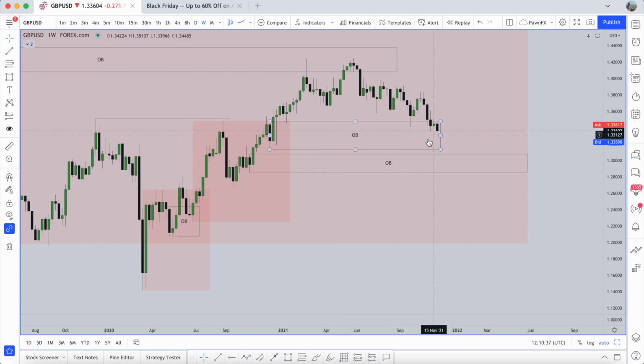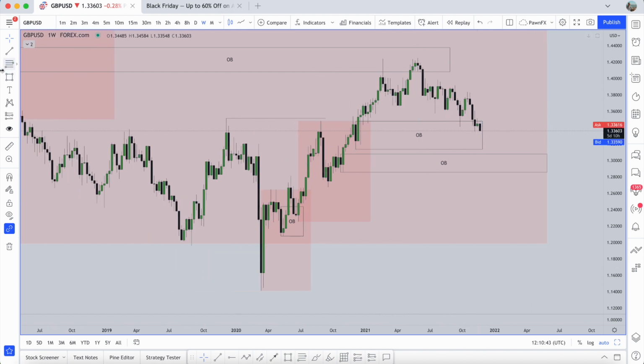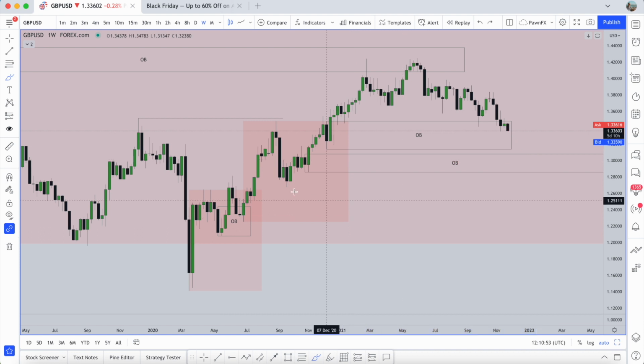So yes, we're inside this weekly order block right now, but potentially we could come down a bit further into this order block here to mitigate the rest of price inside of this range. Because if we look at this, we have this down close candle and then a push to the upside, but then we have another down close candle which meets this previous range.